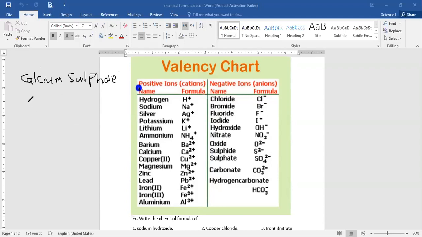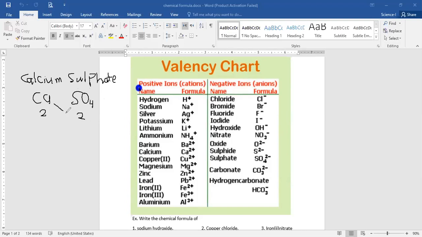Calcium's symbol is Ca. Good. And its valency? 2. The sulfate group is SO4. That's its name. The 4 is a part of the name. So it's SO4, and the valency of SO4 is 2.